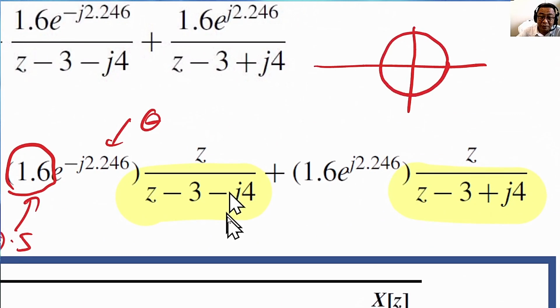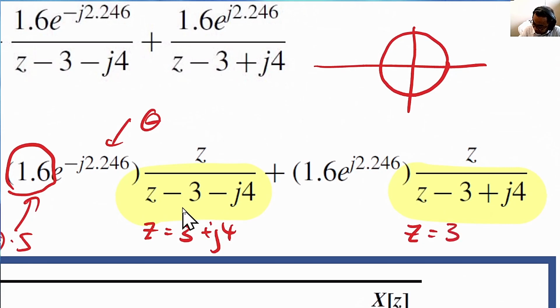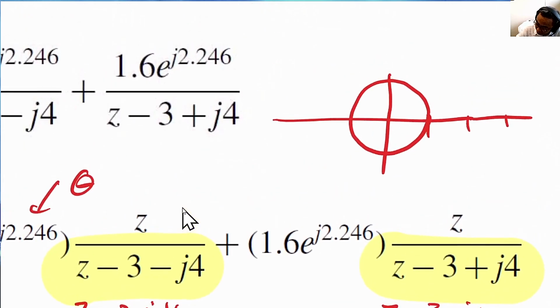Now we are going to substitute: this is z equals 3 plus j4, and this is z equals 3 minus j4. So where is 3? This is 1, 2, 3. Now we draw j4, which is here, and minus j4, which is here. If you really want to, you can draw 2 triangles here.